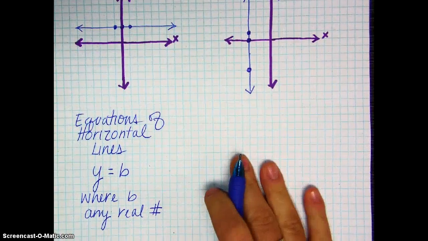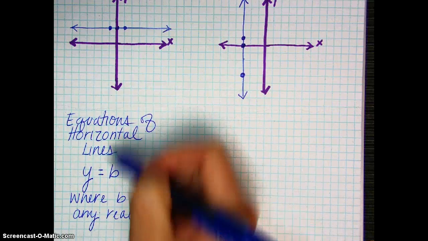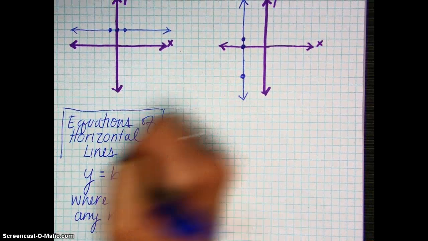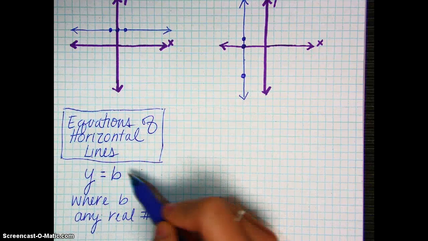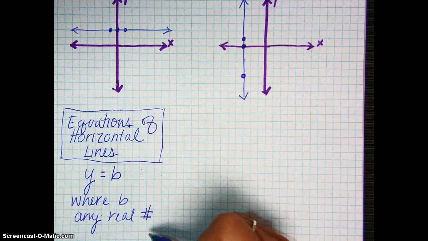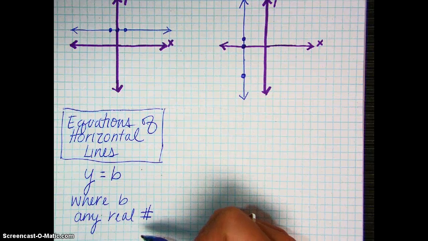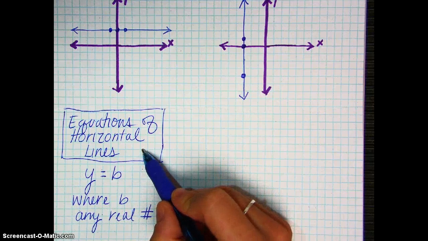So equations of horizontal lines are always going to be in this form. y equals b, where b is any real number. So y equals 5, y equals negative 6, y equals 10. Anytime you have an equation in that form, you're going to get a result that is a horizontal line.